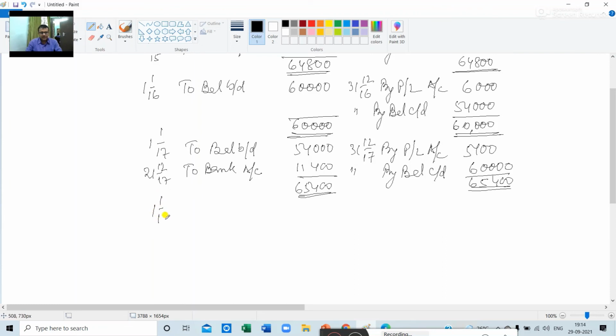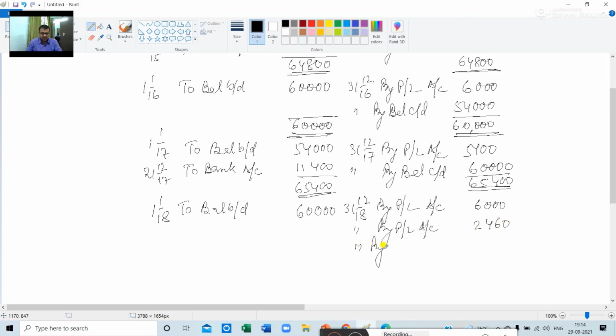So balance as on 1st January 2018 is rupees 60,000. On 31st December 2018, you have already charged depreciation to the extent of 6,000. So here again you need to charge the balance depreciation of 2,460, and then prior period item account 17,702.